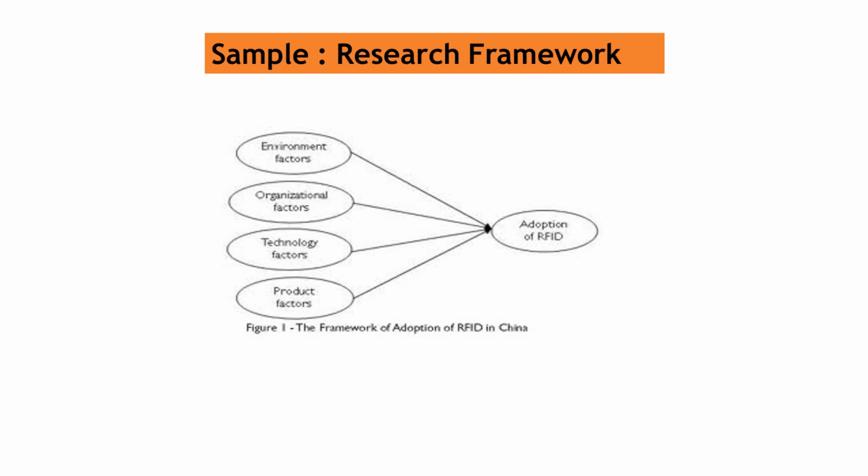From this framework, we know that students can develop at least 4 research objectives, 4 research questions, and 4 research hypotheses. The 4 factors just now: environmental, organizational, technology, and product are known as independent variables, whereas the dependent variable is the adoption of radio frequency identification.